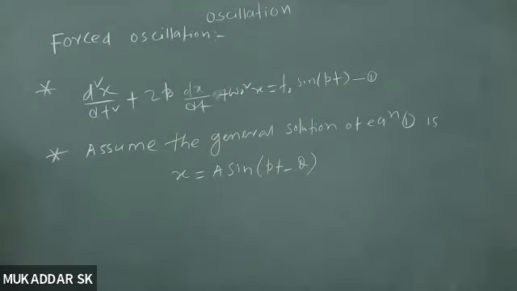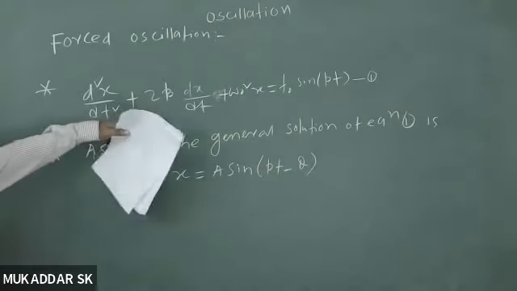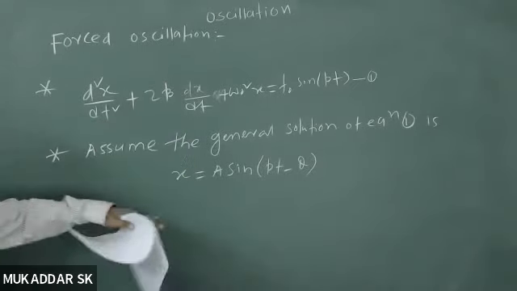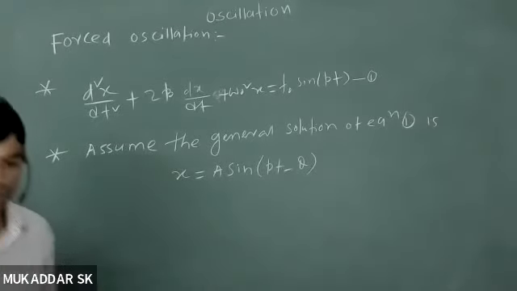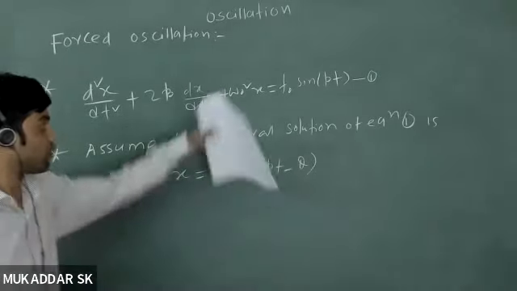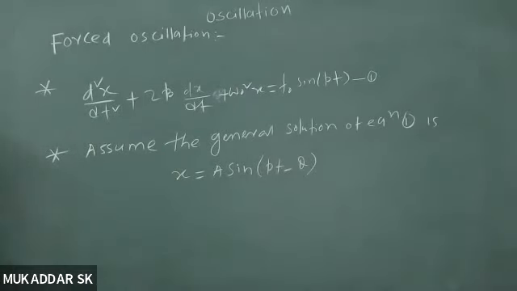So I have assumed that the solution of equation number 1 is x equals a sine pt minus theta. Now if you substitute this in the first equation, then what will we get?